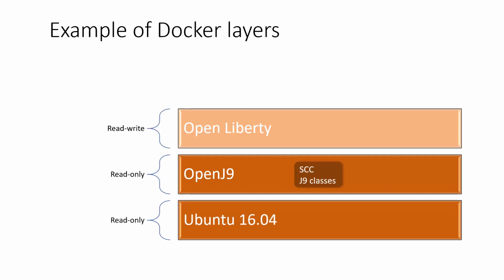So when we are building Open Liberty on top of OpenJ9, when we turn on the shared class cache, the JVM will load J9 classes from the default shared class cache in the lower OpenJ9 layer, and add additional Liberty classes to the shared class cache.